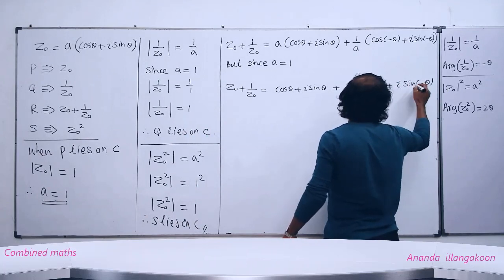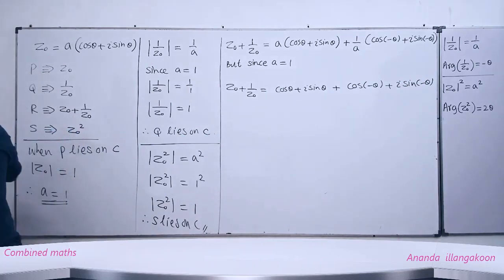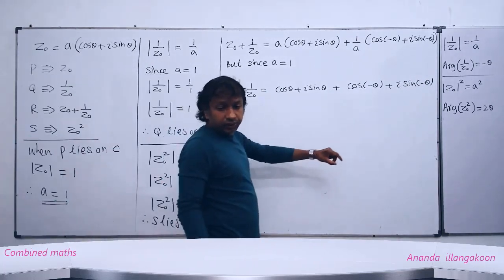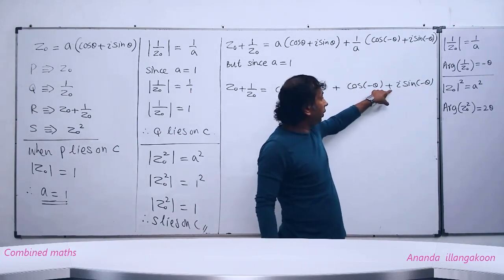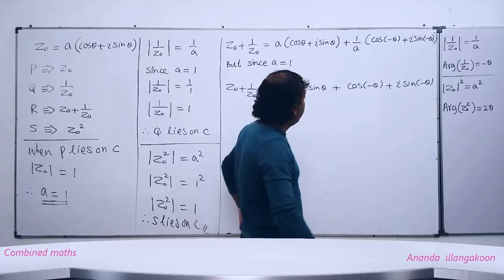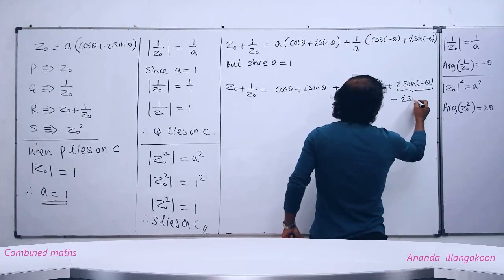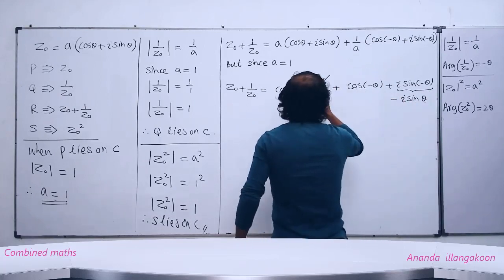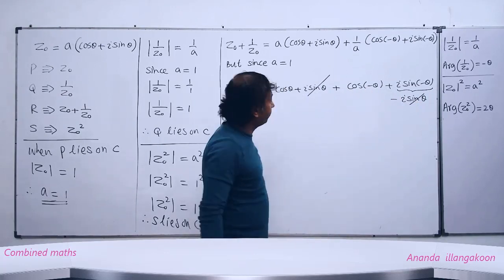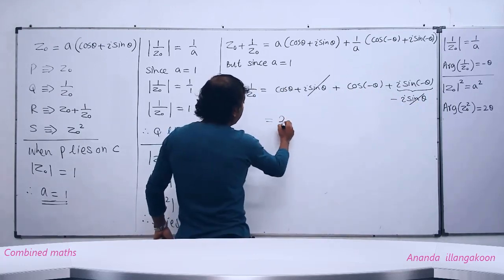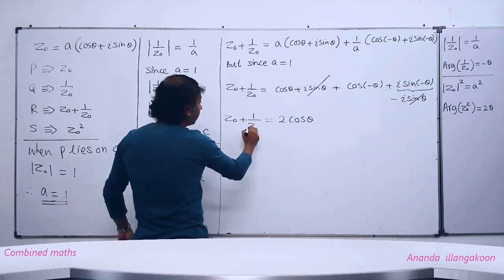Because of the minus sign, you can take the minus before theta and write it as minus I sin theta. Now this plus I sin theta and minus I sin theta you can cancel. Cos minus theta we can write as cos theta. Then cos theta plus cos theta is 2 cos theta.